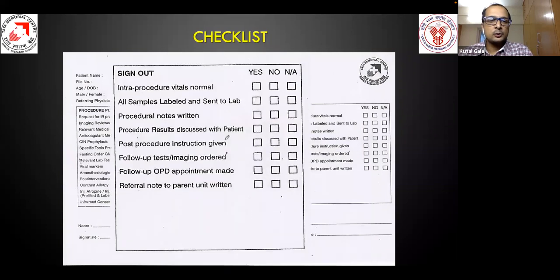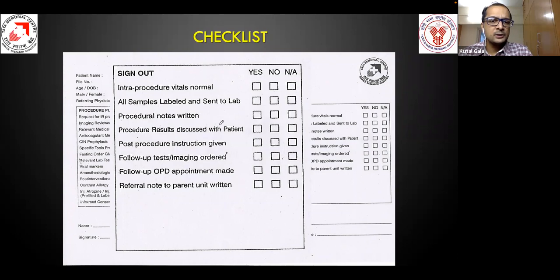And this is a sign out order. That means after the procedure, one needs to manage the vitals. So what are the vitals during the procedure, intra-procedure and post-procedure, whether the sample has been received, it has been labeled properly, proper instructions are given on the sample, and it is sent to the respective lab, whether it is for antimicrobial or for histopathology.